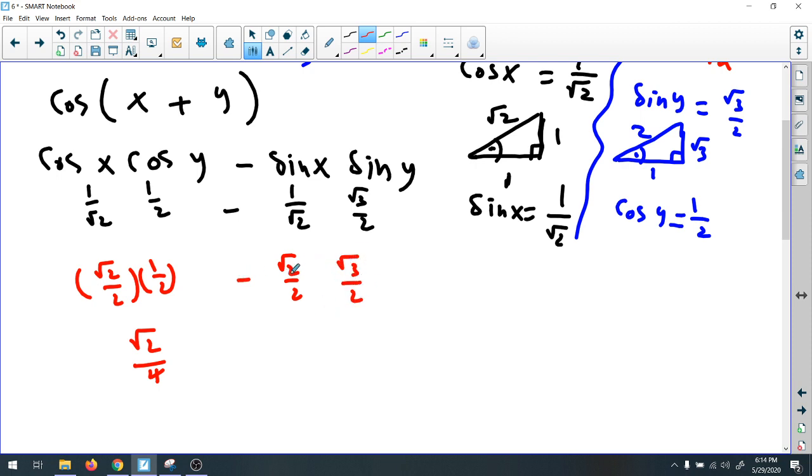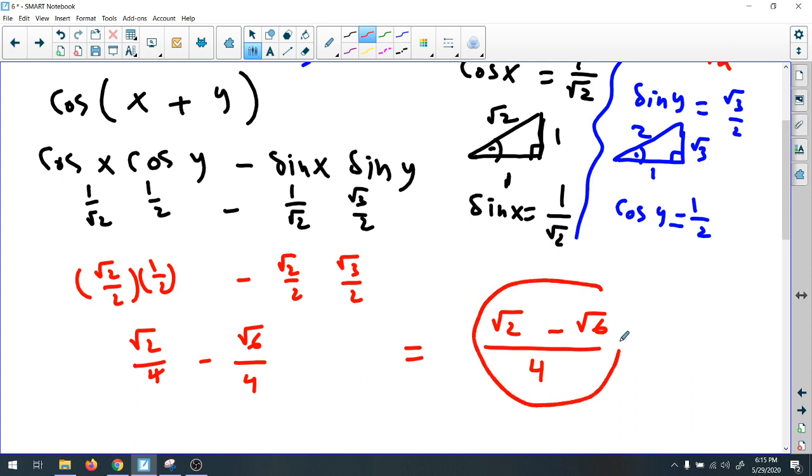Square root of 3 times square root of 2 is square root of 6, divided by 2 times 2 is 4. So all you have to do is make it square root of 2 minus the square root of 6, divided by the common denominator 4. And please, please, please do not subtract square root of 2 minus square root of 6 to make it square root of 4. That's wrong. Just this is the answer. Keep it like that: square root of 2 minus the square root of 6, divided by 4.